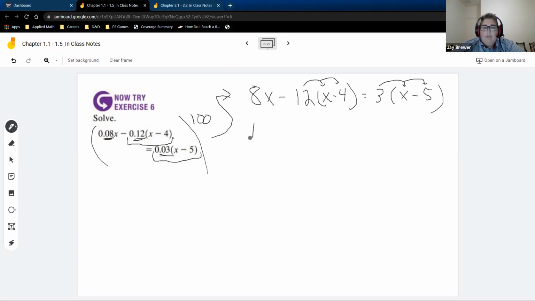Okay, so we get 8x minus 12x plus 48 equals 3x minus 15. And then we're going to do our like terms again. So essentially just subtract 3x from this side, and then we'll subtract 48 to the right.